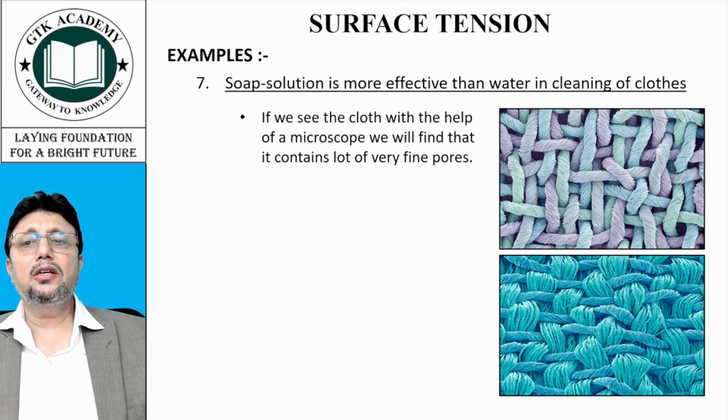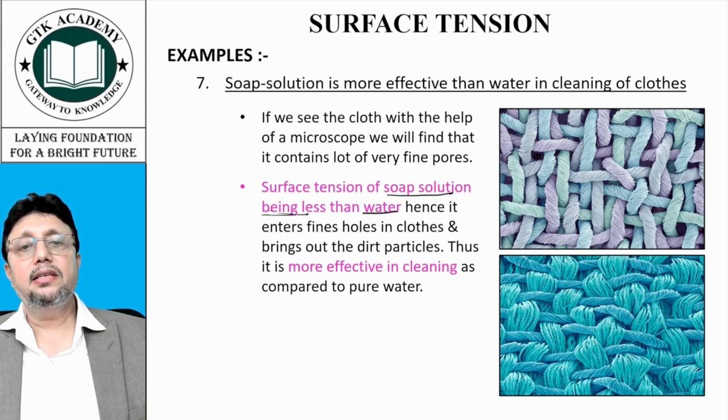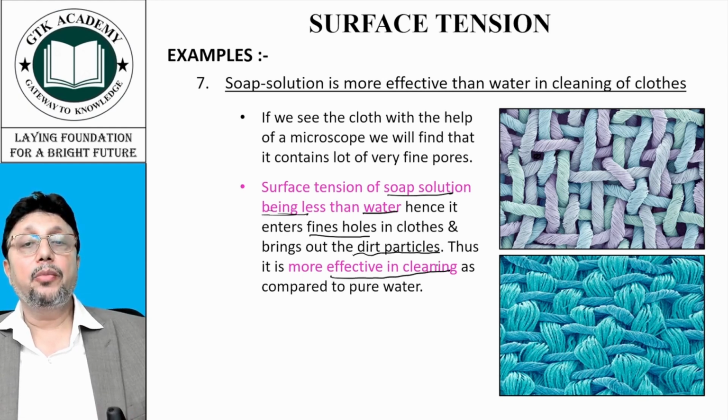It has very small fine pores, you can see here. Now, since the surface tension of soap solution is less than water, it enters fine holes in clothes and then brings out the dirt particles. So it is more effective in cleaning compared to pure water. That is why you use soap.